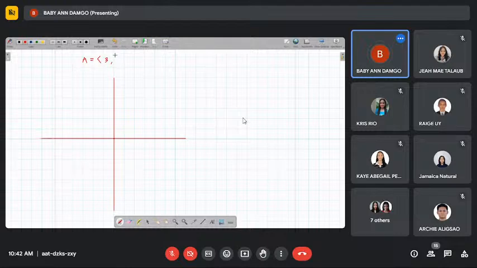So, balik ta. We have 3, negative 1. This is, so we have 2, 4, and then this is negative 2. So, 3, negative 1 is from the origin to 3, negative 1. This one.